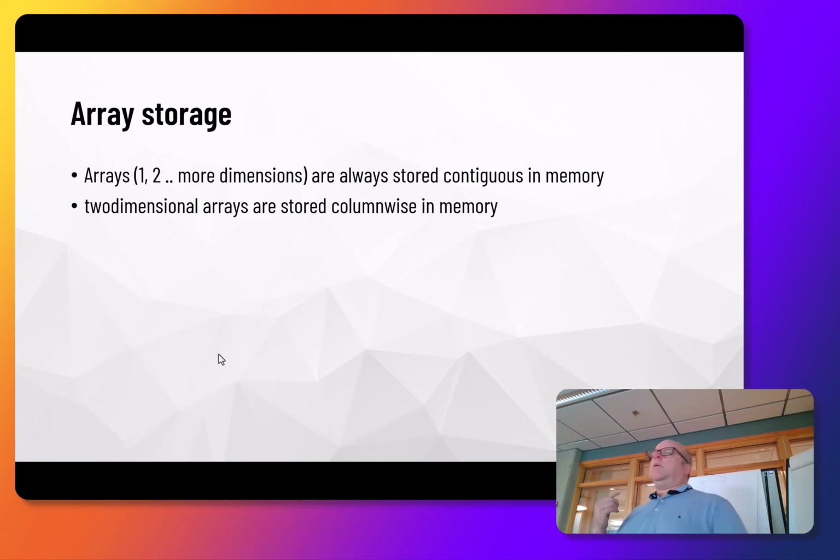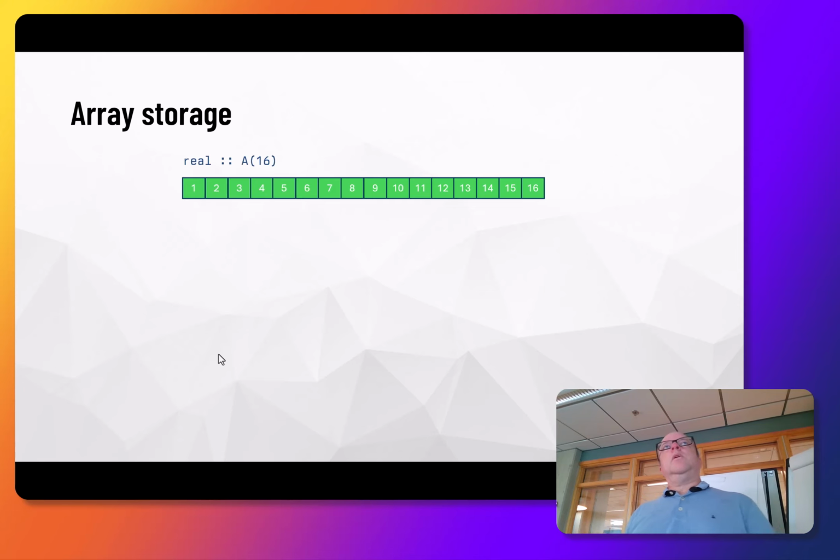I think we came into this in Python as well, how you store in memory. Arrays are stored as one-dimensional arrays in continuous memory. And two-dimensional arrays are stored column-wise in memory, compared to C, which is stored row-wise. So if we have an array, it is stored linearly in memory like this.